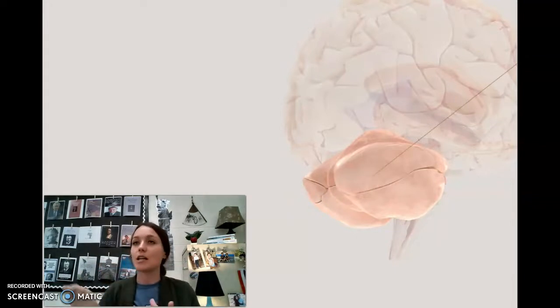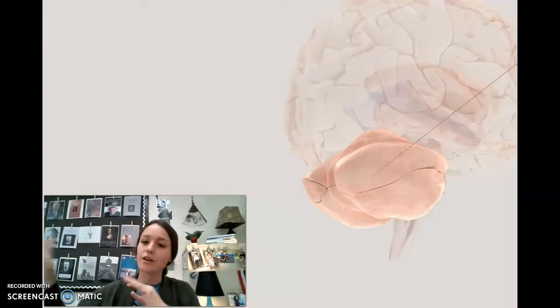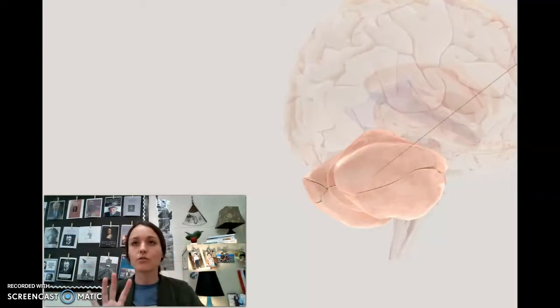So hitting a baseball, writing with your pencil, playing the piano, whatever you're doing to operate your body and your movement, any motor skill is going to be something that is being communicated and controlled through your cerebellum.